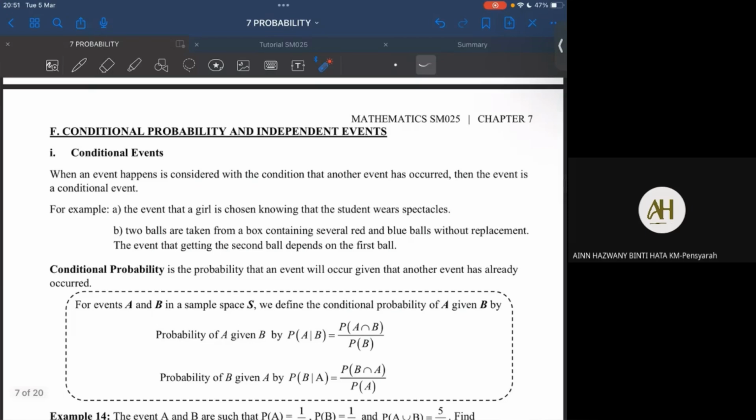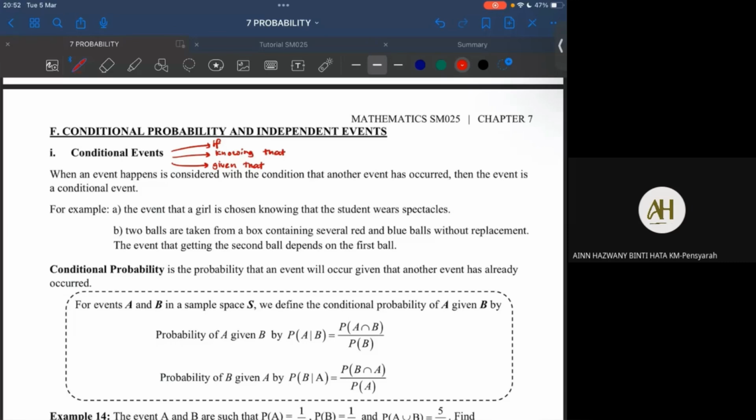When an event happens, it is considered with the condition that another event has occurred. Then the event is a conditional event. What does this mean? Before that, how do we know the question is about a conditional event? The keyword is it will say if, or the question will say knowing that, or the question will say given that. This is the most famous one, given that.